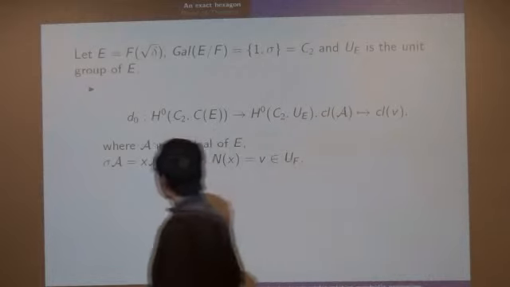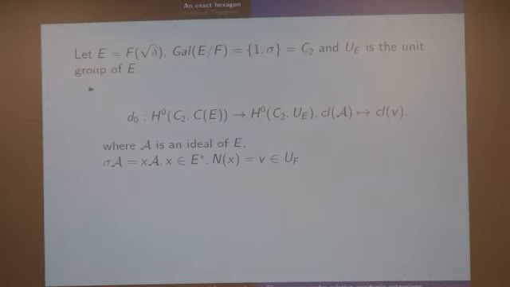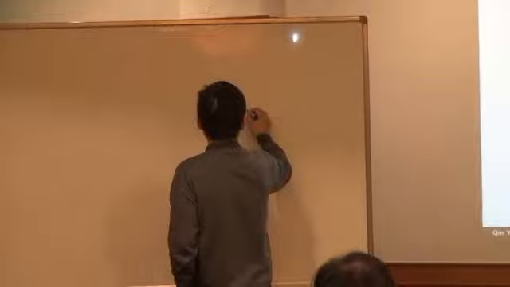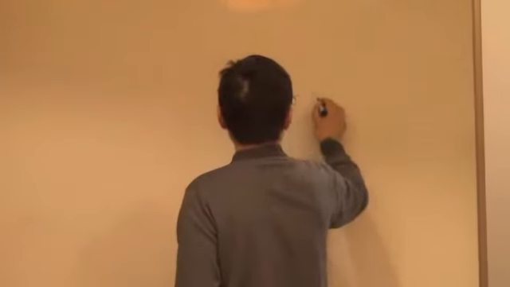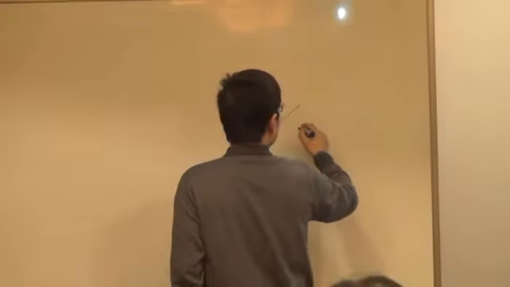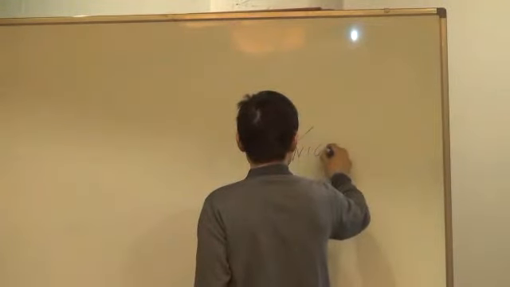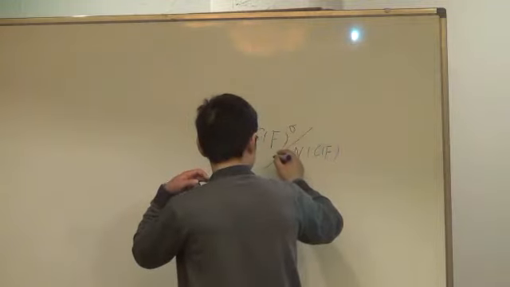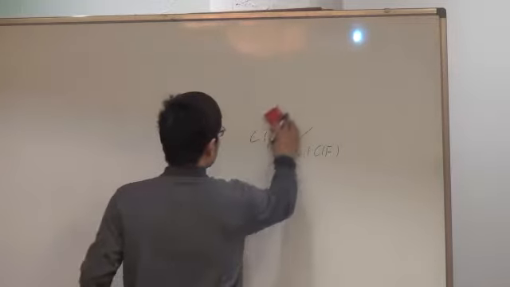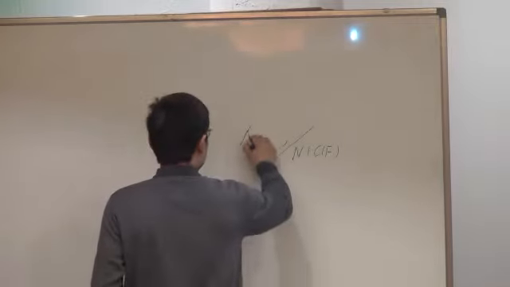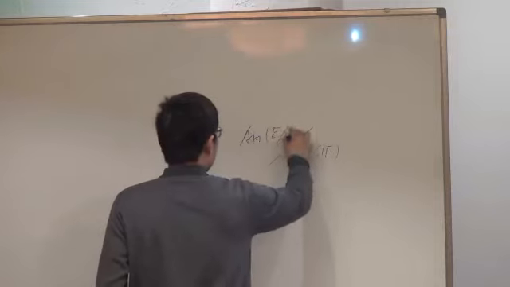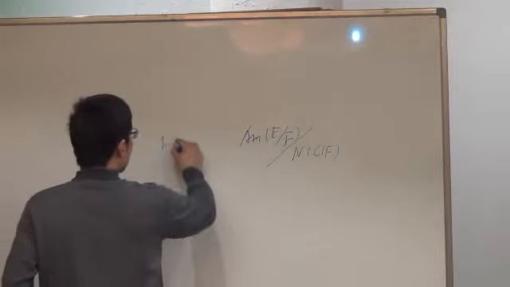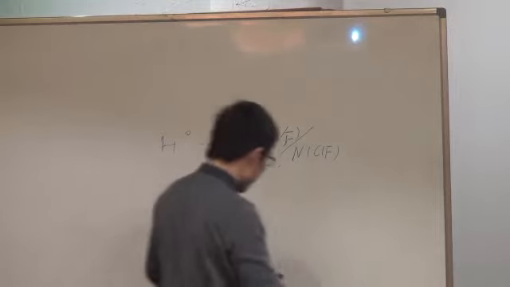Just write CE stable normal CE, just stable, ambiguous. This is H1 H0 to Tate cohomology.